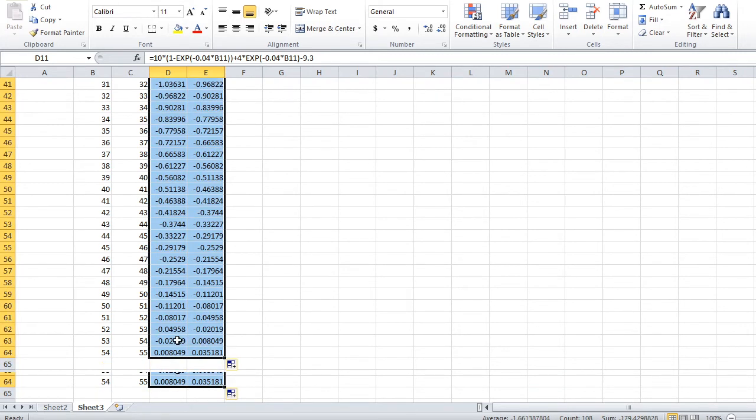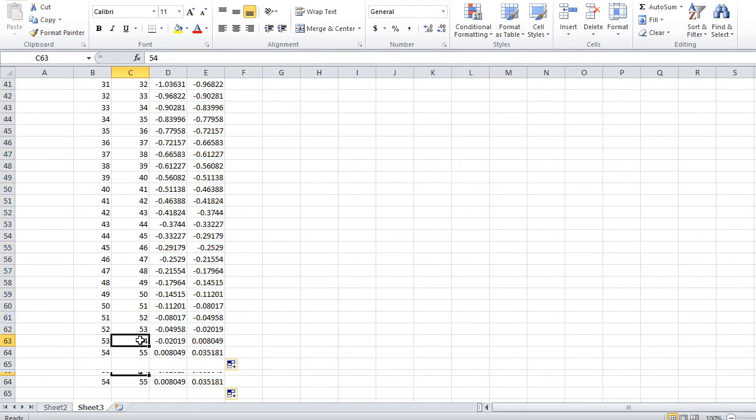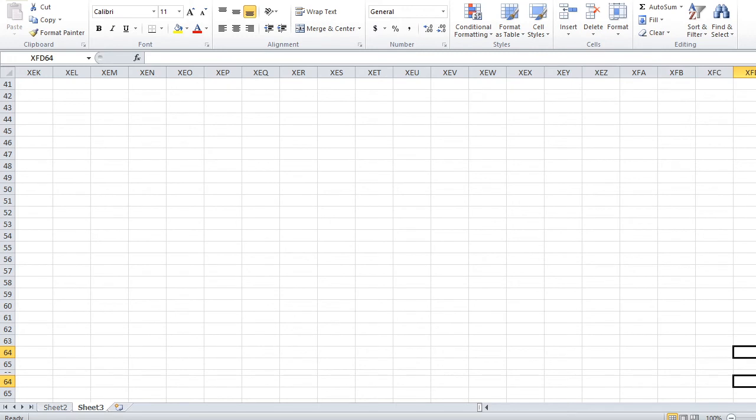As we see, the values of the function at 53 and 54 are of opposite sign. So our root lies in between these two intervals.